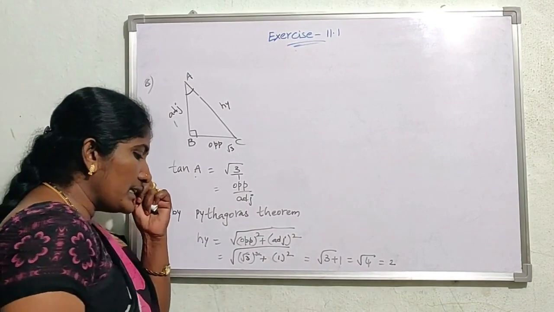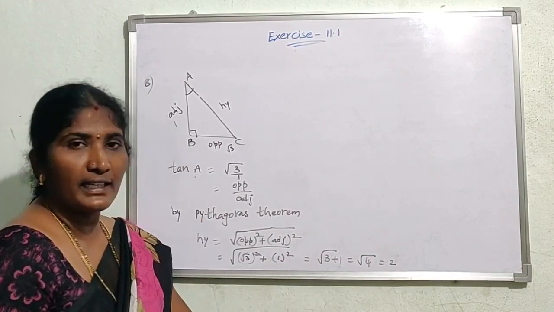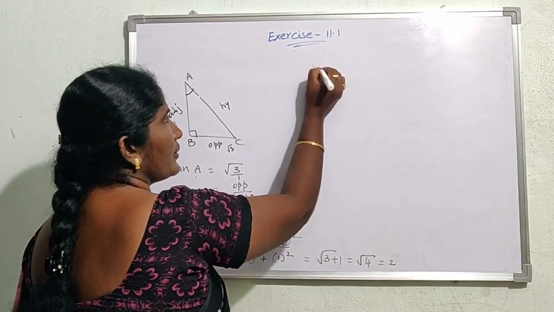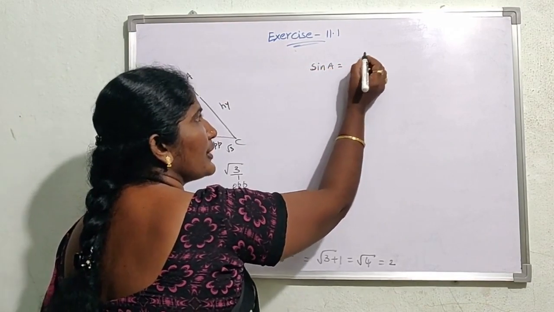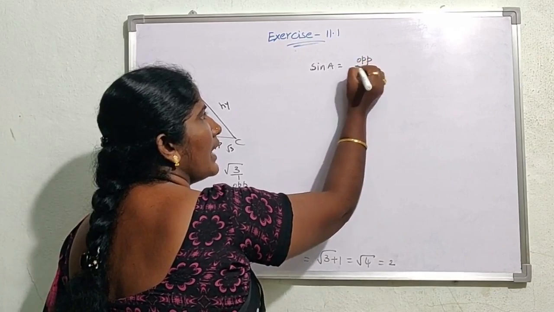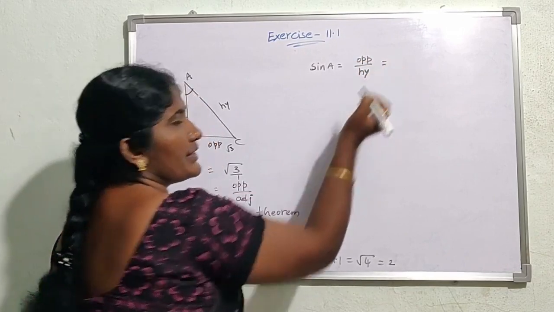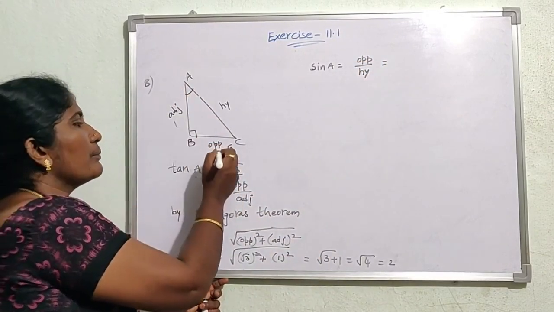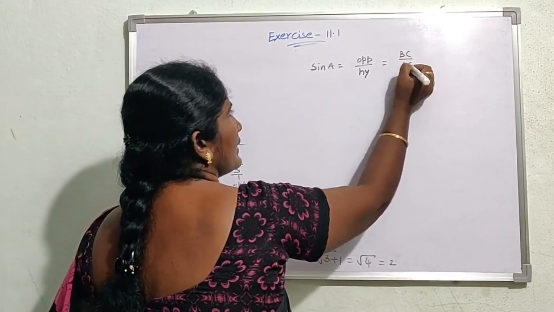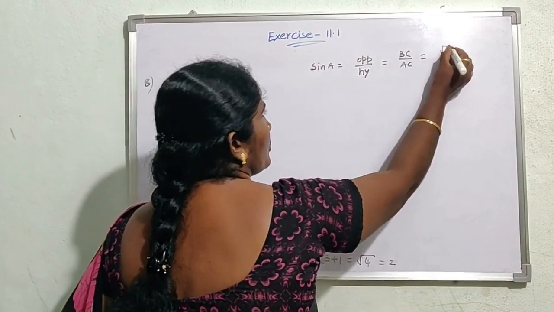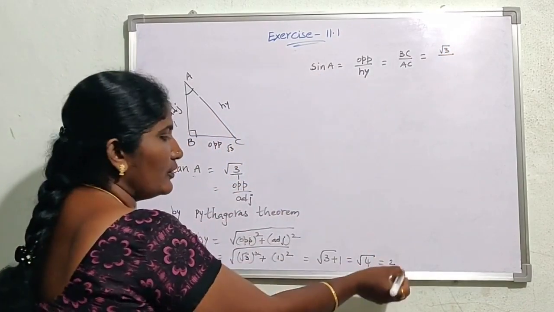Now here in question they asked angle at A and angle at C. First we want to find out sin A is equal to, what is the sine formula? Opposite side by hypotenuse, which is equal to opposite side BC by hypotenuse AC. BC value is root 3 and AC value 2.